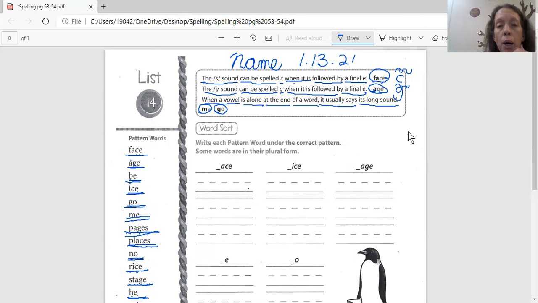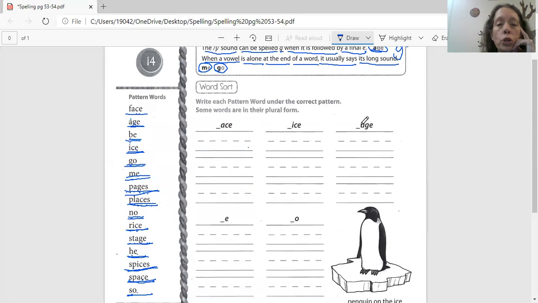All right? A lot of times, you learn these rules by seeing it work so many times. But the nice thing about your spelling list is that it's got it right up here to refer to, and it helps you put that rule in your head. So let's go ahead and work with this.